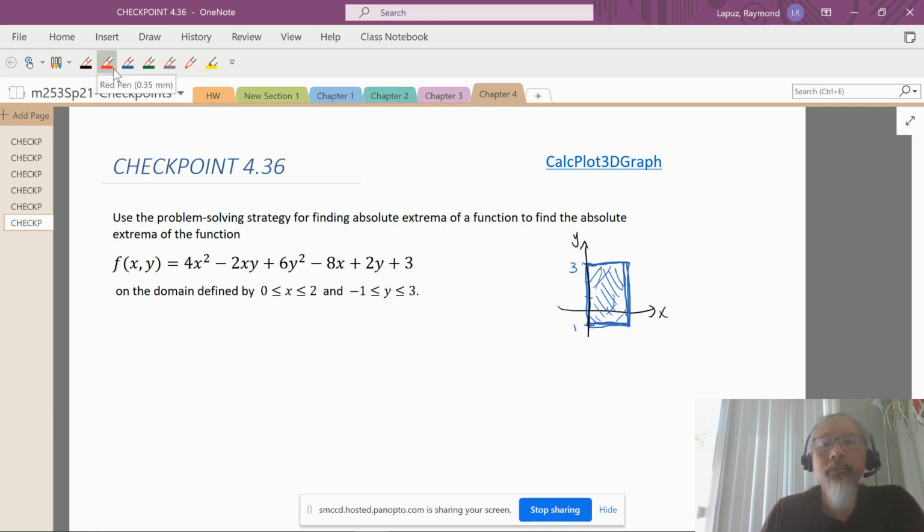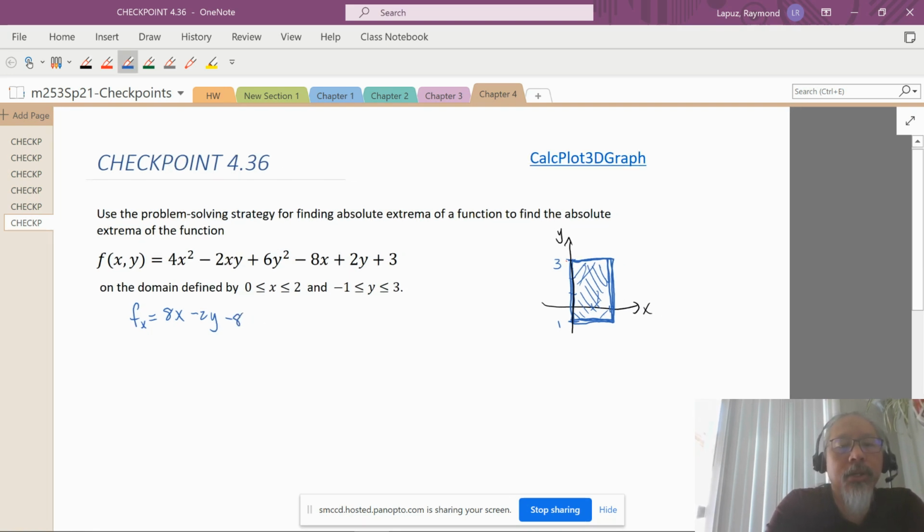Okay, let's get started by finding the critical points. We can do that by finding the partial derivatives. The partial derivative with respect to x is 8x minus 2y minus 8, and zeros for the rest. We're going to set this equal to 0, just as we're going to set the partial derivative with respect to y equal to 0.